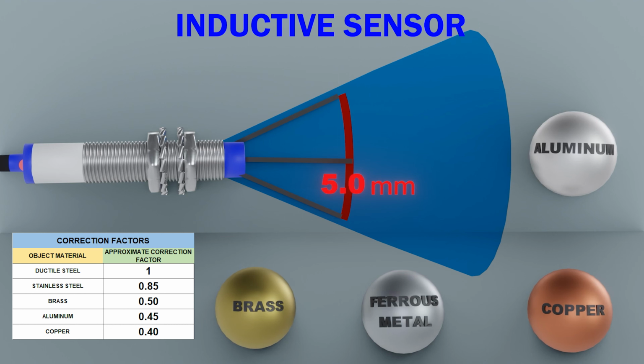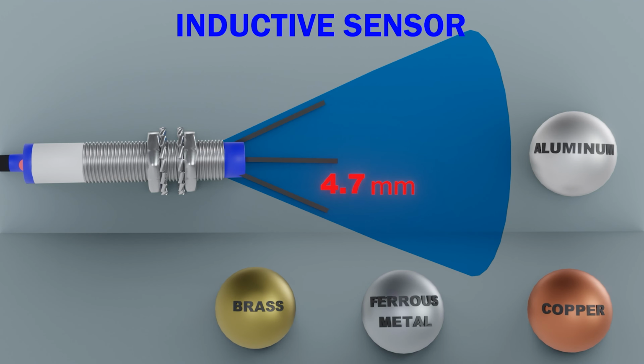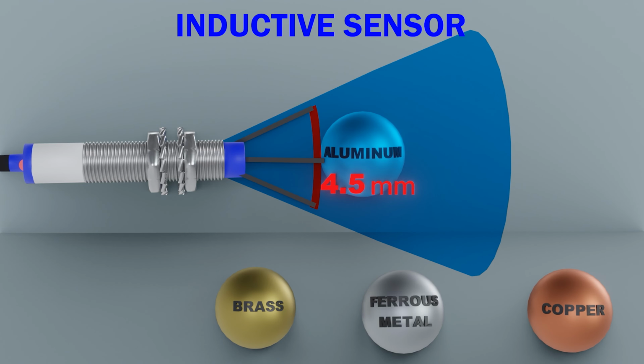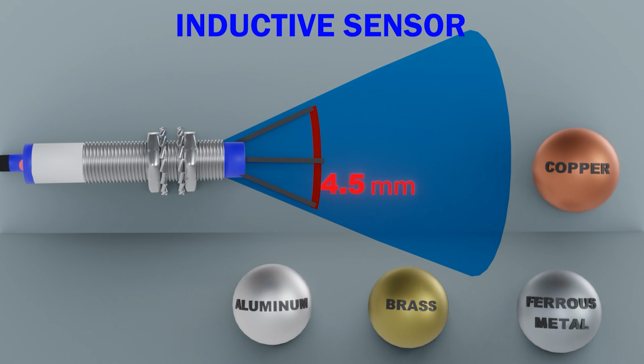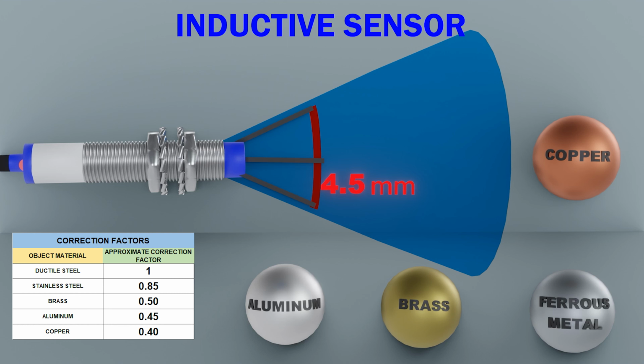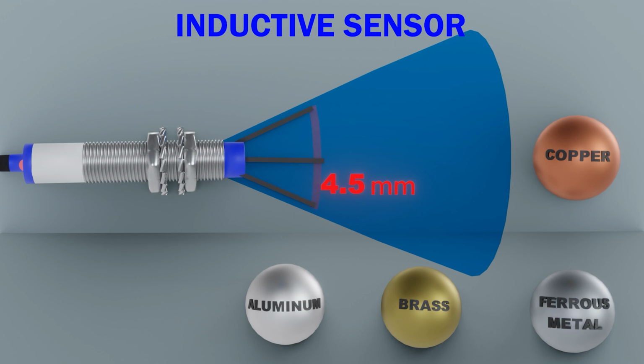Aluminum has a correction factor of 0.45, multiplying it gives us 4.5 mm for the aluminum sense. Now the copper is the lowest with a factor of 0.4, multiplying it gives us 4 mm, and its sensing distance from the copper will be that.